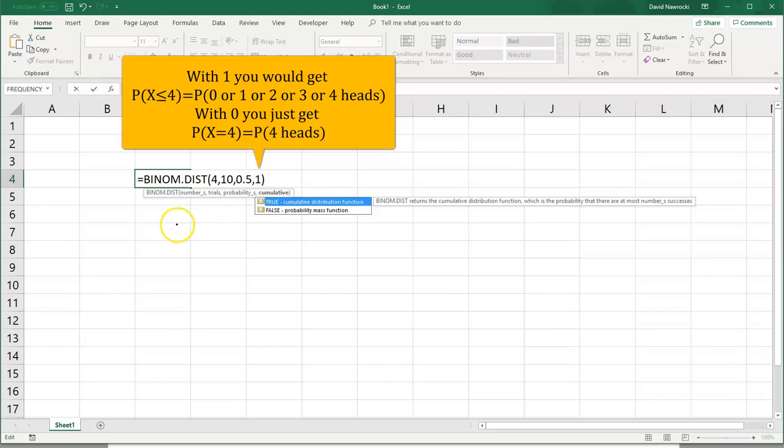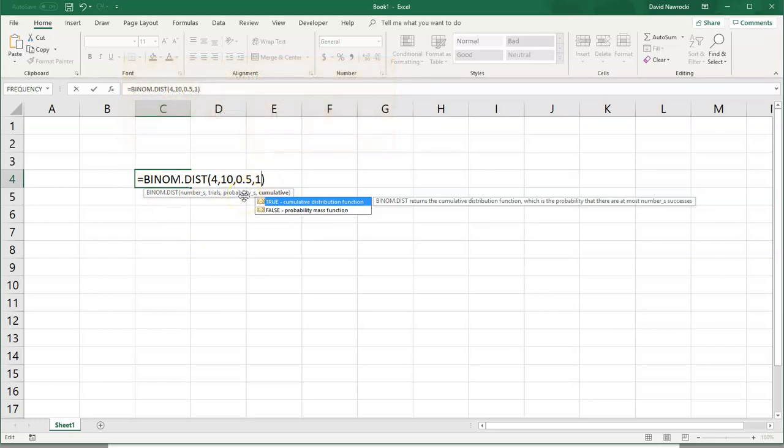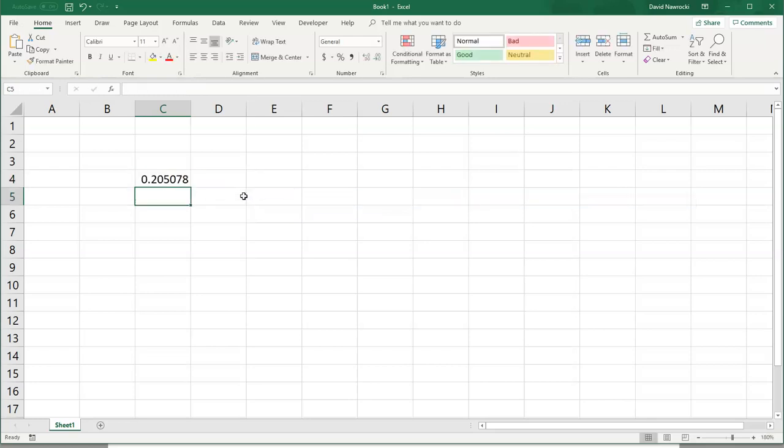So it would add up all the probabilities from 0 through 4. So that would be our cumulative probability distribution, and we'll use that in another example later. But for right now, for these problems, we just want 0 there for our regular probability distribution. Remember, the 1 will give you the cumulative probability distribution. And there you go. That's all you have to do.